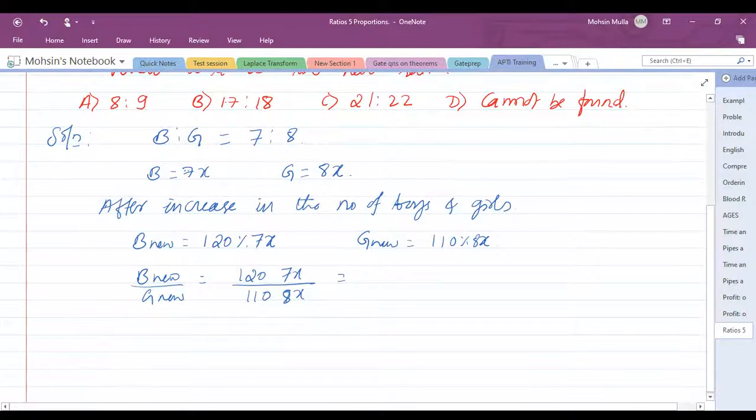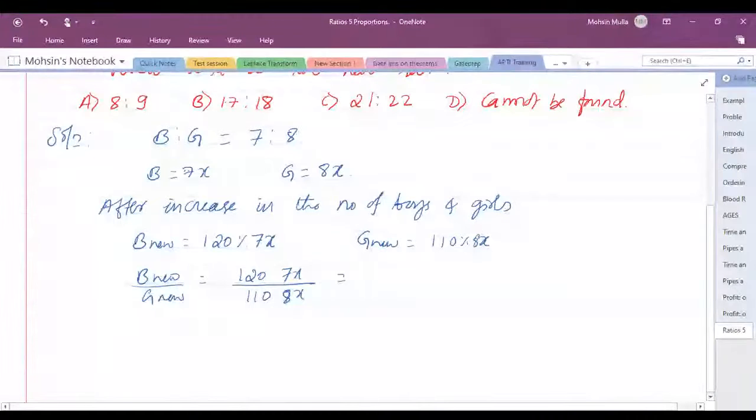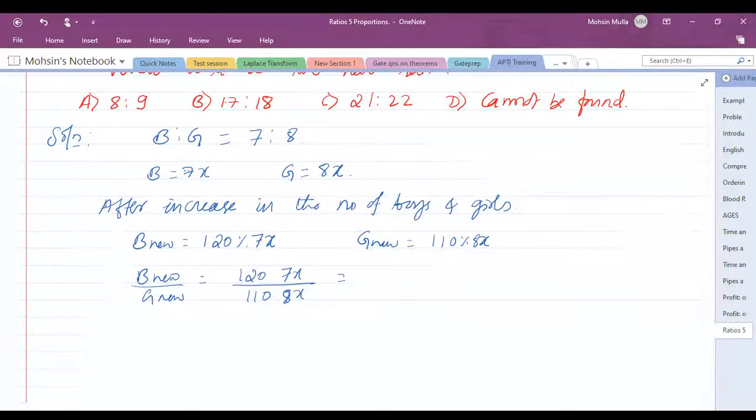Whatever is common between the two will automatically get cancelled, and the remaining value will become the ratio between the two numbers.